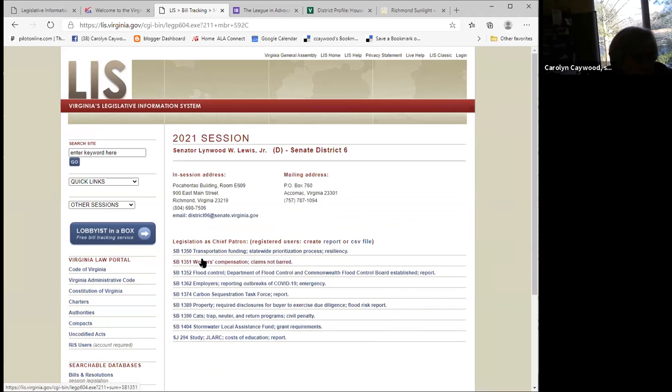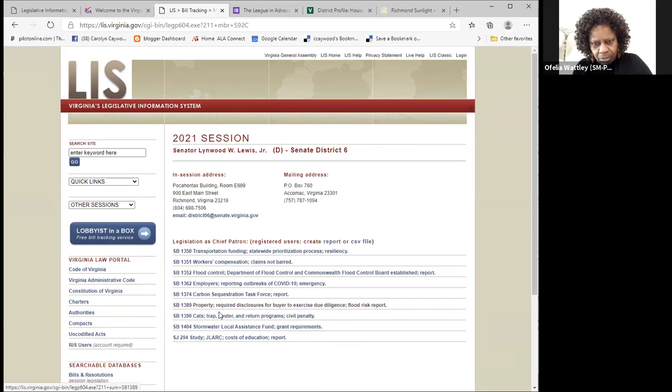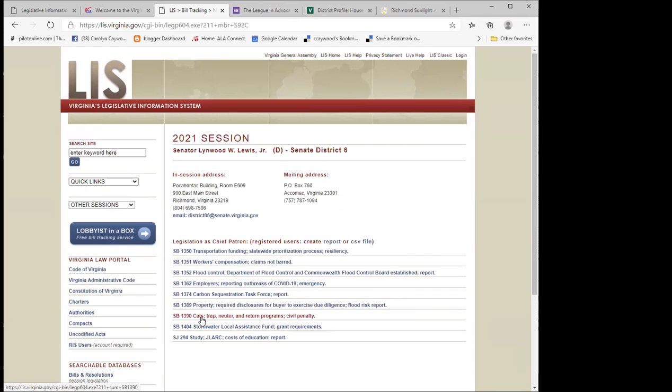Transportation funding, workers' compensation, flood control, outbreaks of COVID, carbon sequestration task force, property disclosures. That one's Kelly Fowler's been pushing. Cats? She put that forward before, and they killed it. The Republicans neutered it, and did.